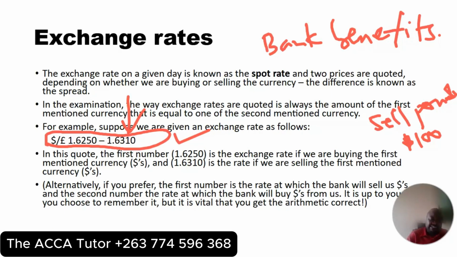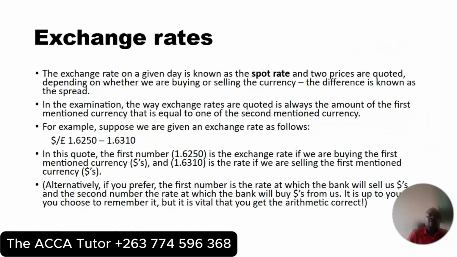So obviously, in this case, you are not going to be given the higher rate. I'm sorry for that. The bank is going to give you the lower rate. Why? Because the lower rate is going to give you very, very few dollars. Right? So you want to sell your 100 pounds. So how many dollars are you going to get?